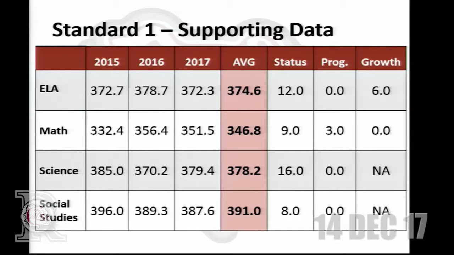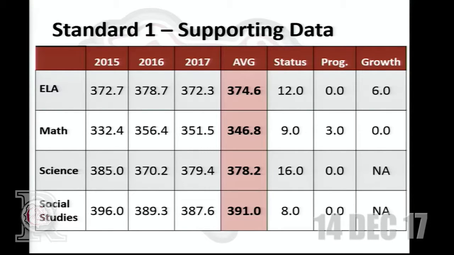Progress and growth. If we see growth over time, improvement over time, we can earn progress points. If you compare 2017 to 2015, it did not go up. It's basically flat. So we did not earn any progress points.